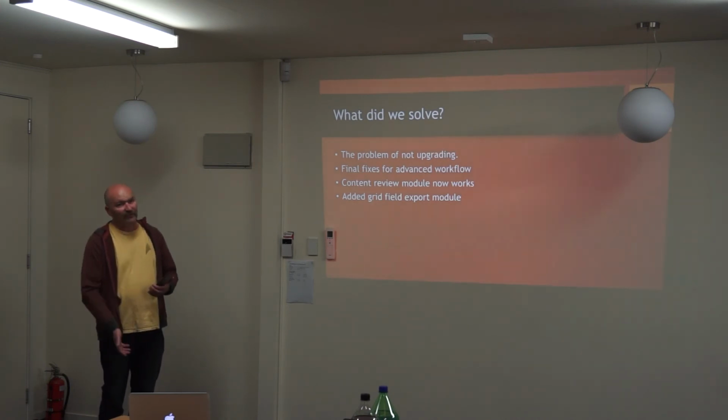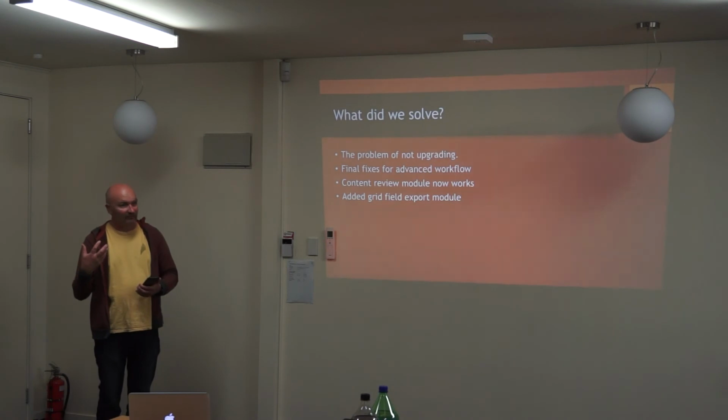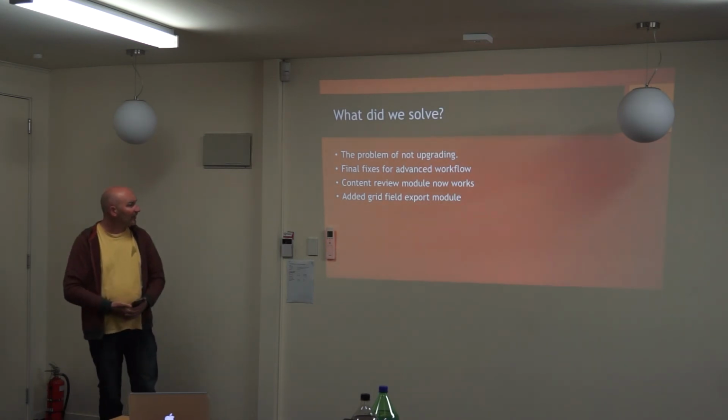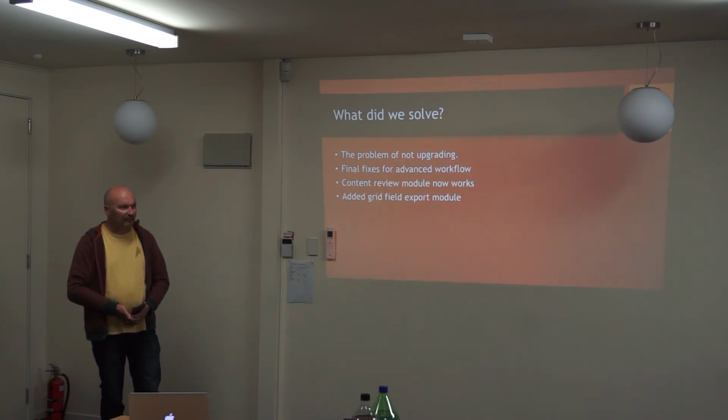And if anybody wants to export that out into a CSV, we were having a lot of trouble with that. It was timing out. But the grid field export module has actually solved that problem very nicely, and so we can export up to 10,000 records, which we probably get that number of problems reported at the council.